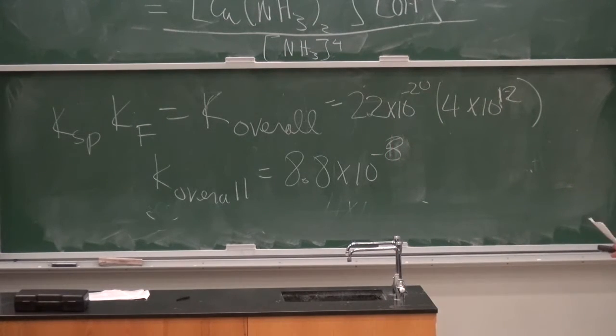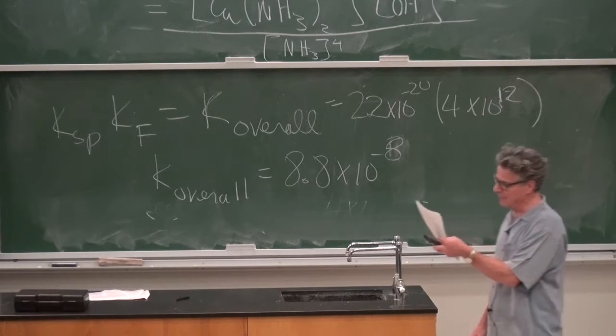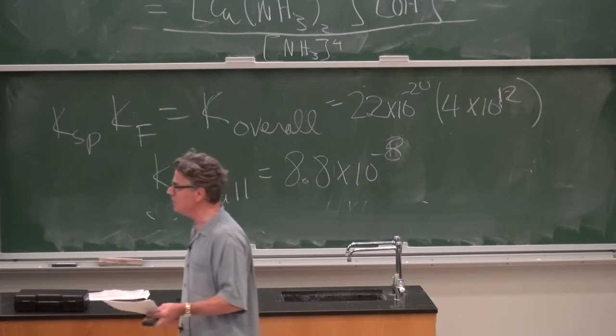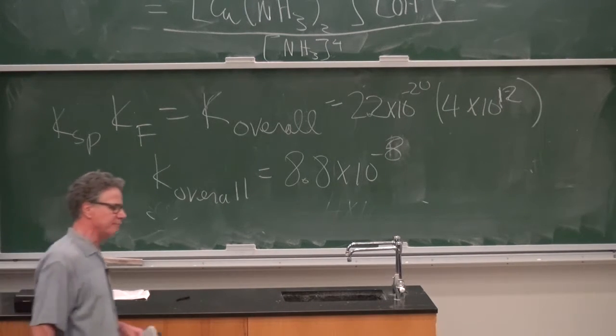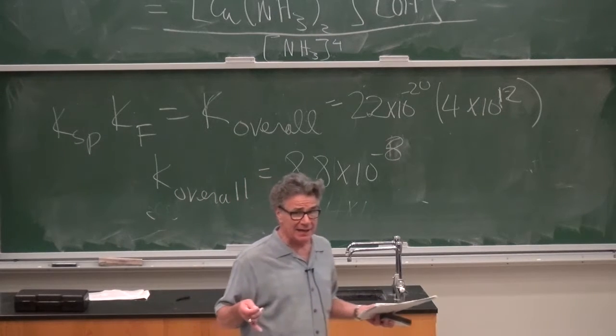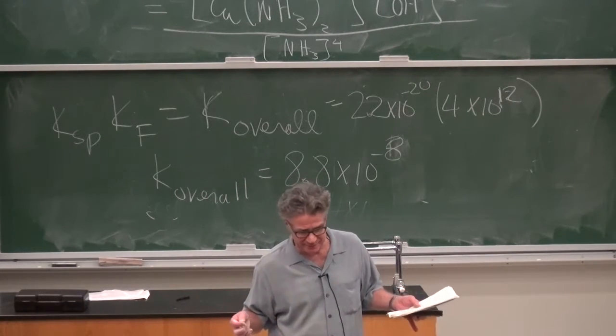So we went from an equilibrium constant of 10 to minus 20 when we didn't have the ammonia to an equilibrium constant of 10 to minus 8. We increased the equilibrium constant by over 12 orders of magnitude by adding the ligand.